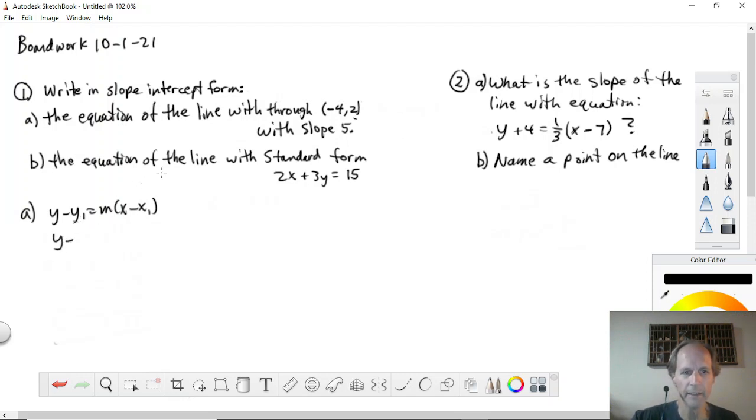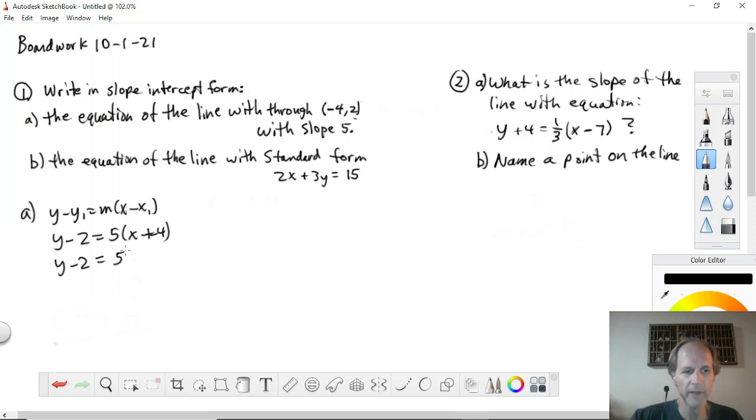So we plug in the y sub 1, which is 2. The slope is 5. x minus x sub 1, which is negative 4. So minus negative 4. We'll go ahead and change that minus and negative to plus. Do this little trick here.